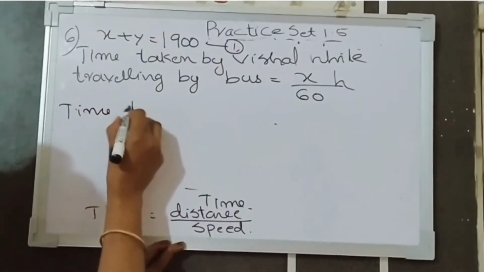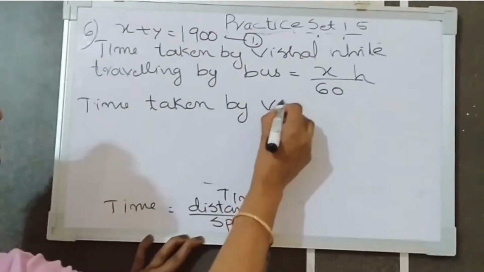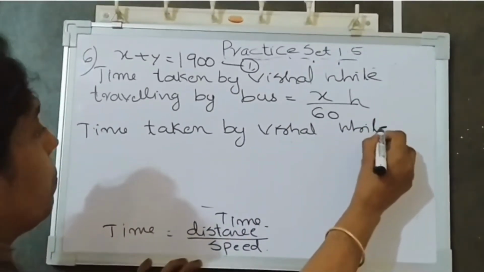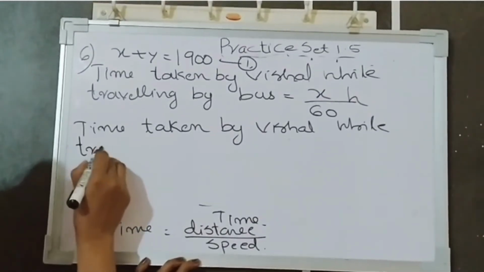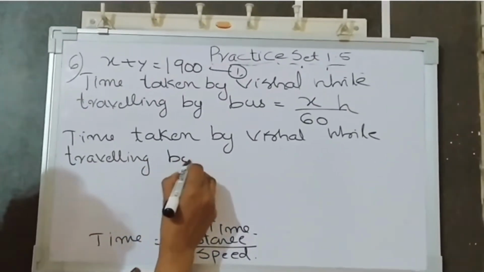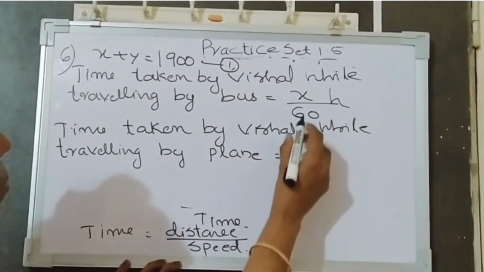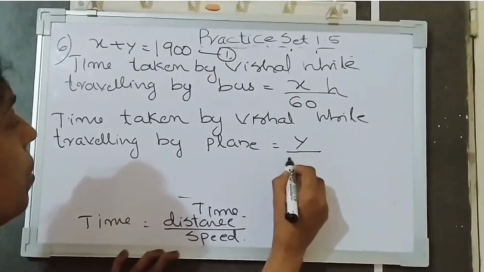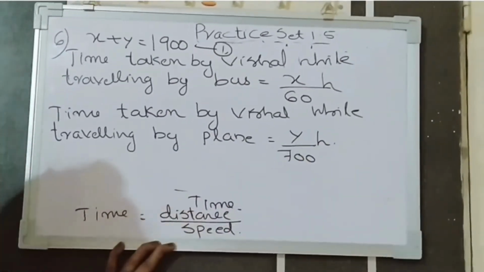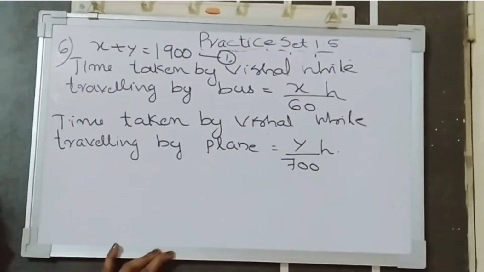And the time taken by Vishal while traveling by plane is equal to y upon 700 hours. Therefore, from the second condition, the total time is equal to 5.